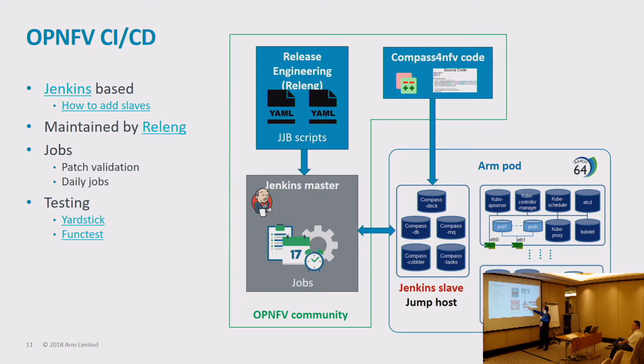If you want to run your own daily tasks or verification tasks, you need to register a Jenkins slave and connect it to the OPNFV community. So you can run your own test cases in your own lab. This is your own lab. This is the interface server, or the Jenkins slave, or you can say the jump host connected to the community.